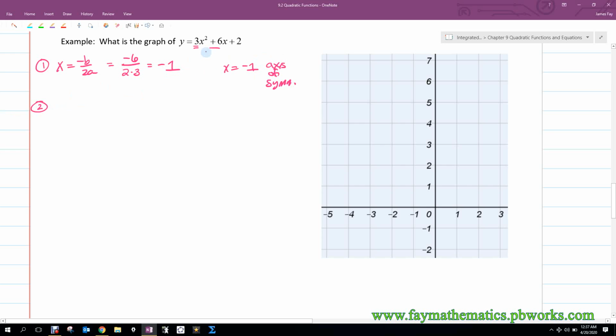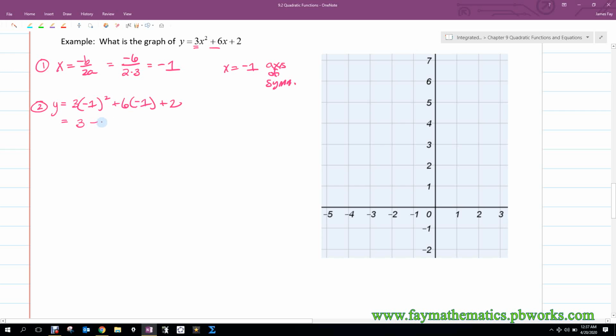Second step, plug that in to find the y-coordinate of your vertex. So y equals 3 times negative 1 squared plus 6 times negative 1 plus 2. Negative 1 squared is 1 times the 3 out front, so we got 3 here.